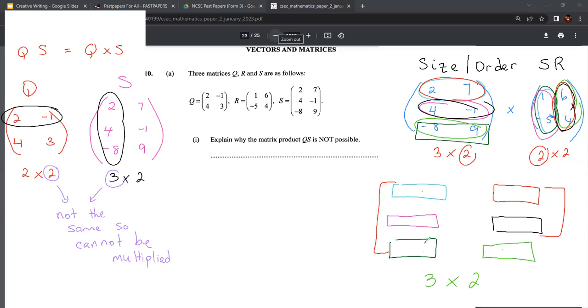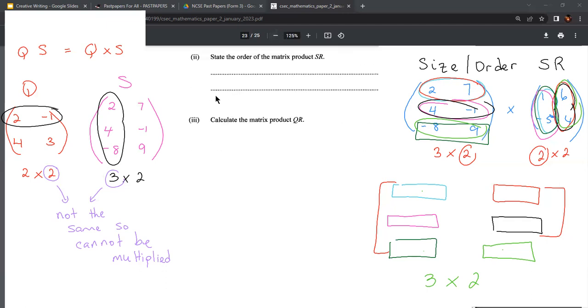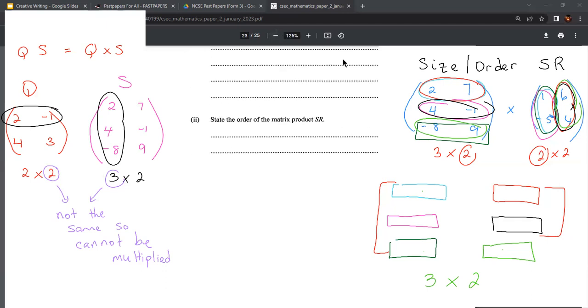So your answer would have been a 3 by 2 matrix. They never asked us to solve it. All they did was state the order. So it was a 3 by 2.